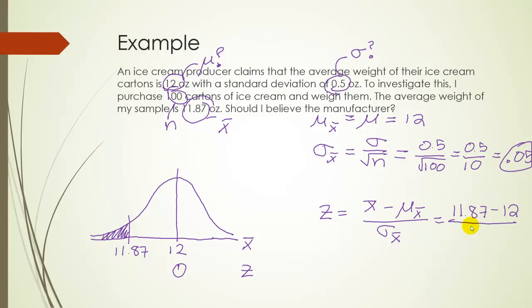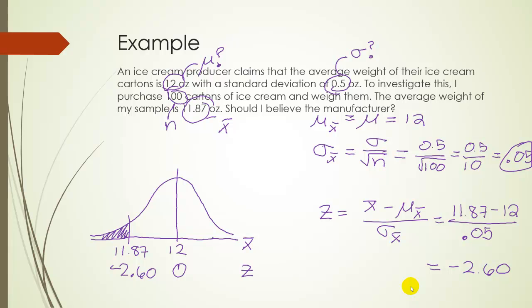And the standard deviation of the x bars, again if the manufacturer is telling the truth, is 0.05. So this would be negative 0.13 divided by 0.05, which is negative 2.60. I just took out a calculator to check it, and yes, it's negative 2.60.